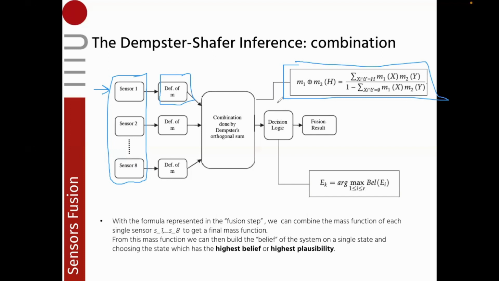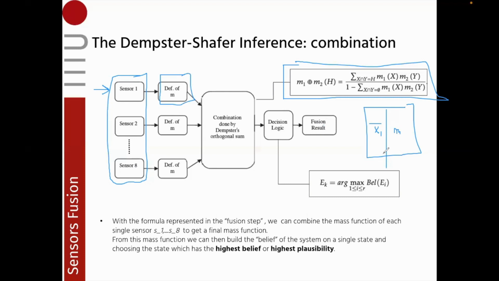And what we have at the end of the day is the same table we described before, a mass function table, but considering the measurement and the logic of each of the sensors. So we have a table where we have x1, the mass of it, x2, the mass calculated on this x2, and so on.